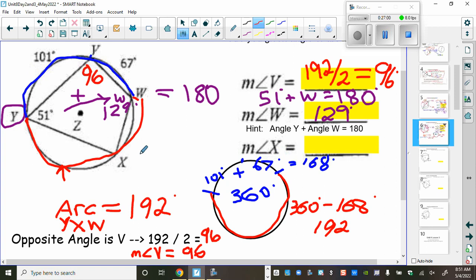Who's opposite X? So what must angle V plus angle X add up to be? They're opposites, that means they add up to? So it's 84. 84 is going to be angle X, yes, because they have to add up to 180. Good, Eric.